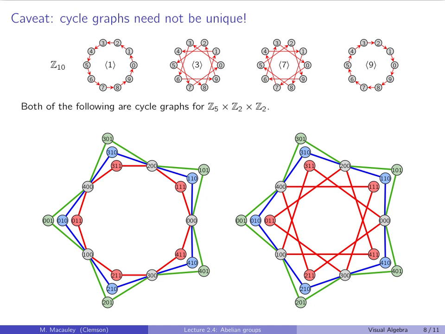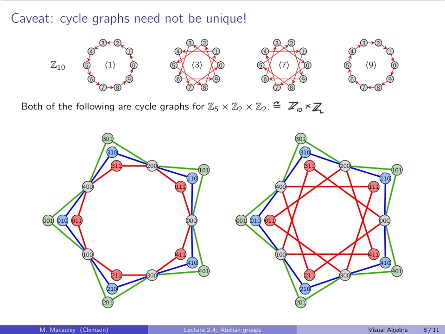And an example of this can be seen in this group Z5 cross Z2 cross Z2 of order 20. Now, as we just showed, this group is isomorphic to Z10 cross Z2. So we know that there's going to be a 10 cycle.